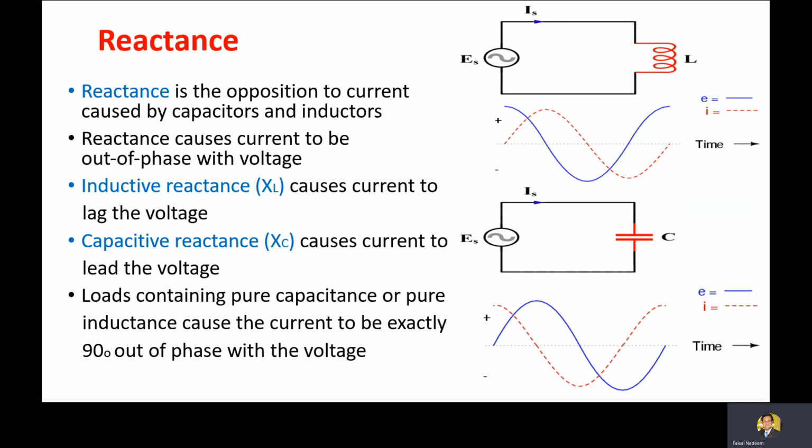And this phase difference between current and voltage occurs depending upon whether it is inductive reactance or capacitive reactance. In case of inductive reactance, this is the inductive circuit shown in the figure. In case of inductive reactance, the inductive reactance causes the current to lag the voltage, and it is shown in this figure as well.